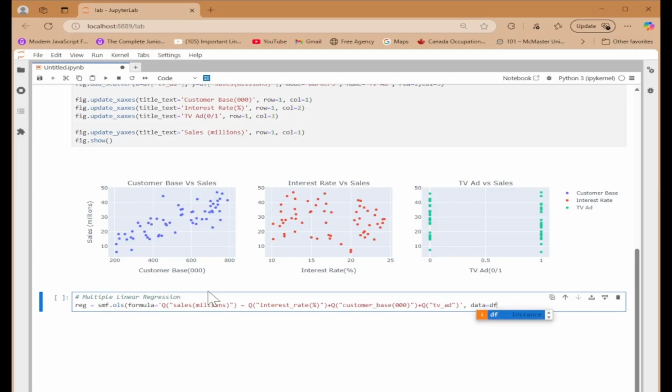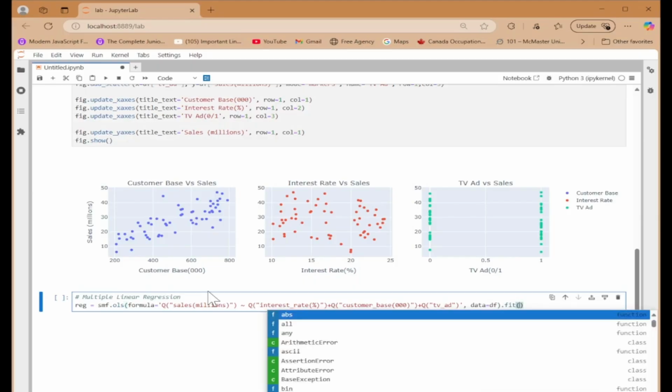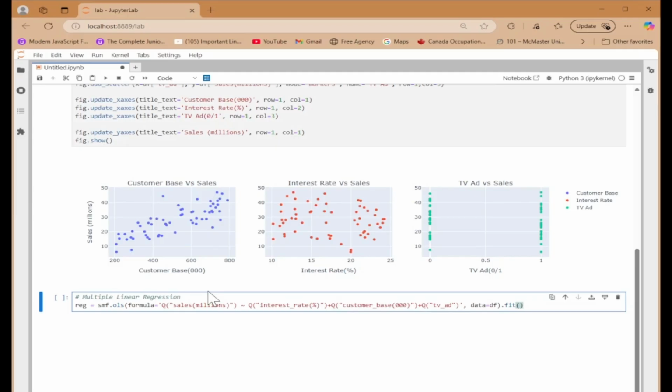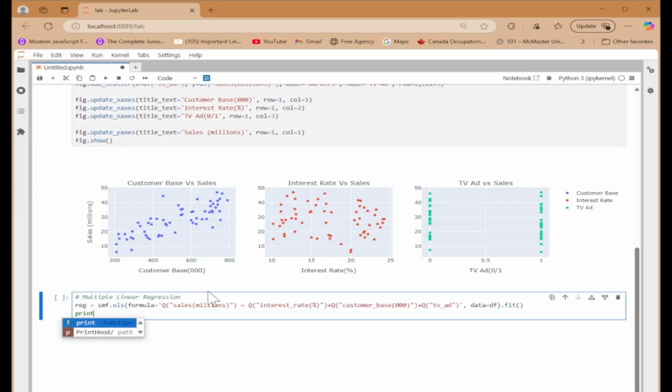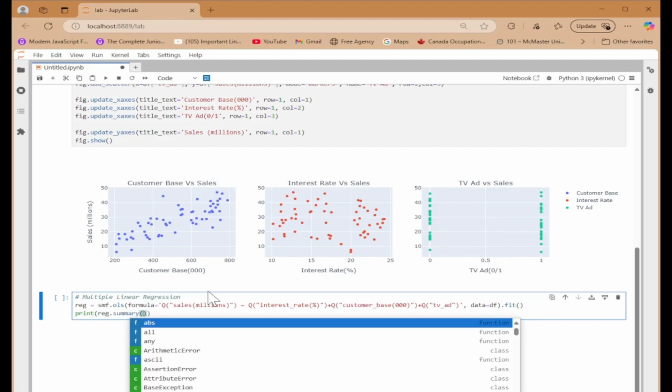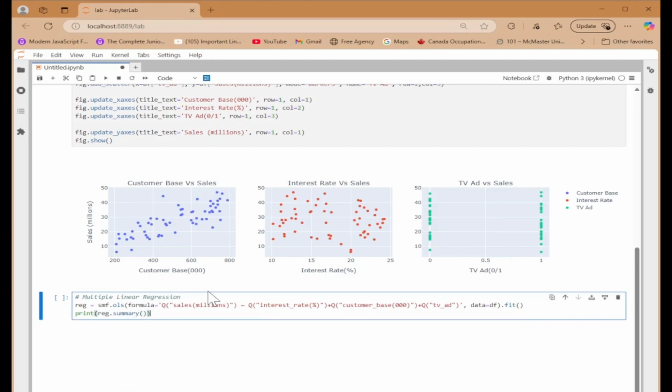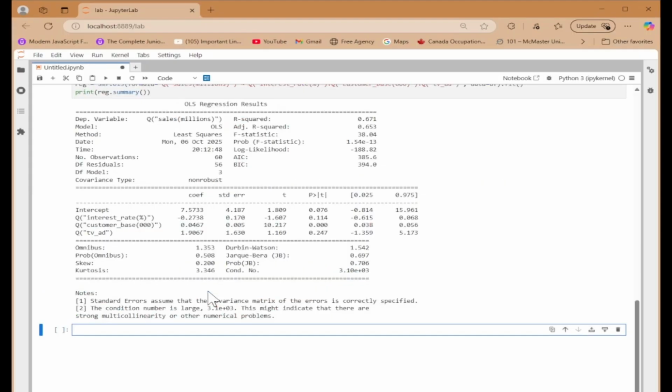Close the OLS function. Dot fit the model. Now let's print and see. Print reg.summary method. Okay, all right, let's pray that there are no typos or other syntax errors. So enter. Yay! There are no typos or other errors.